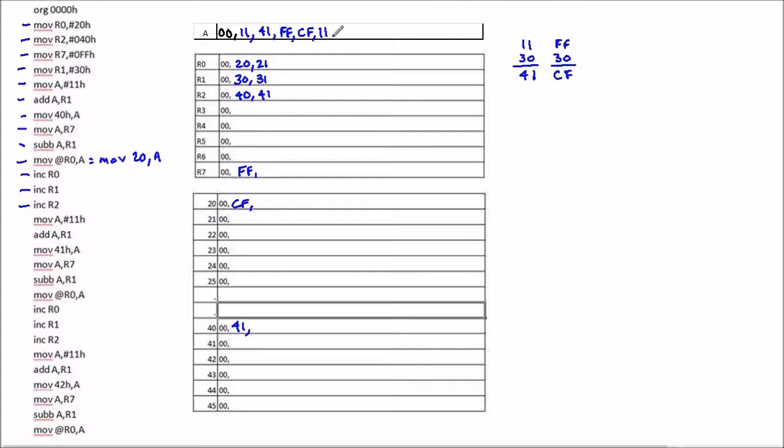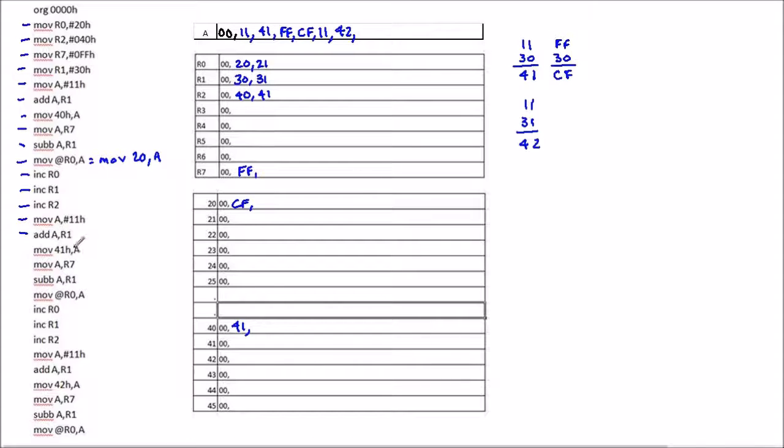So now my accumulator has 11 in it. We're going to add the contents of R1 to the contents of the accumulator. The contents of the accumulator is 11. The contents of R1 is now 31. So 1 plus 1 is 2, 1 plus 3 is 4, so this is now 42 in the accumulator.